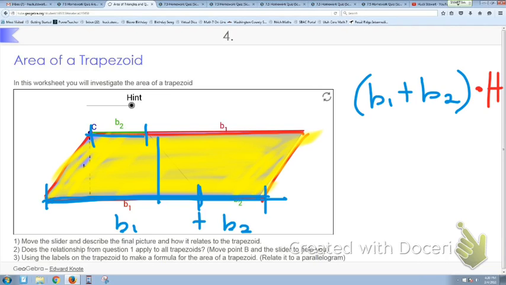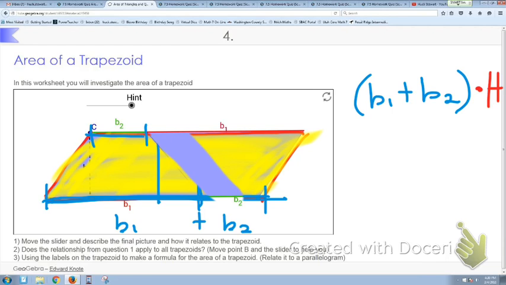Now you need to think to yourself, okay, I found the area of a parallelogram, but this parallelogram is not the same area as the trapezoid that I was originally trying to find. The area of this trapezoid is exactly half of the area of this parallelogram, right? I took the exact trapezoid, copied and pasted it, so I've effectively doubled the trapezoid.